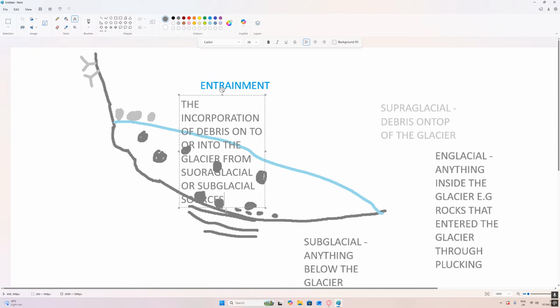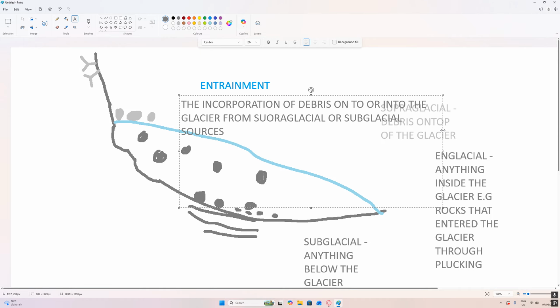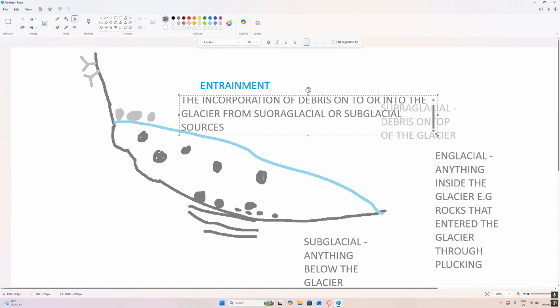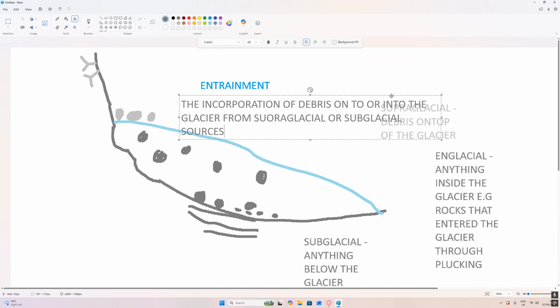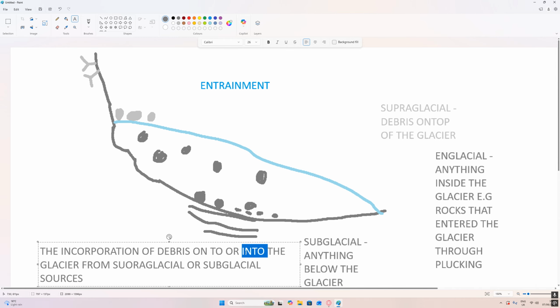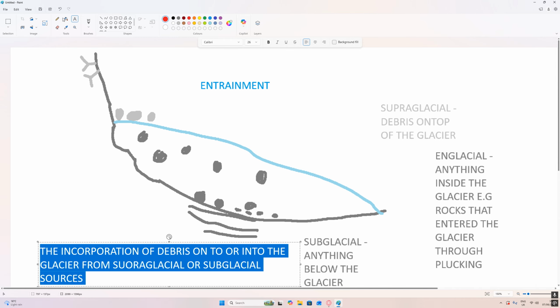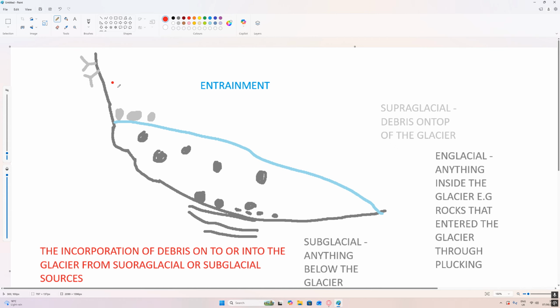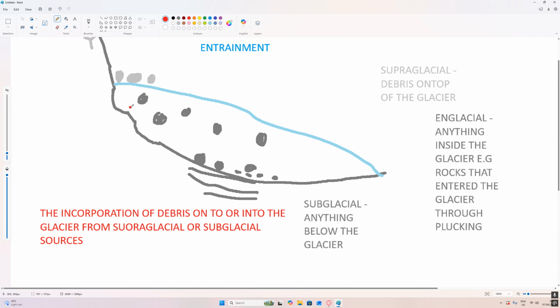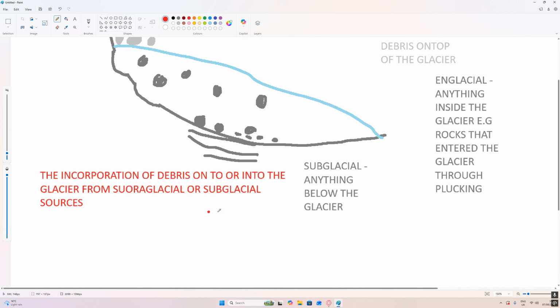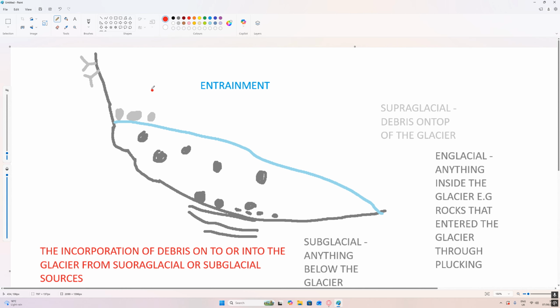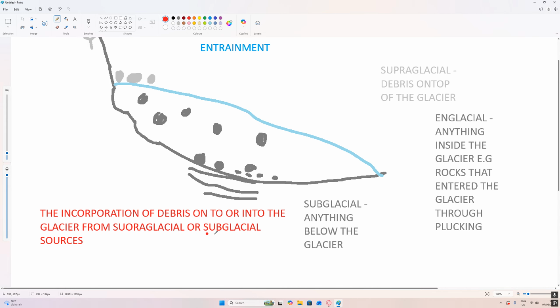So the reason that I say supraglacial or subglacial sources is because plucking technically isn't an input of stuff. It's an input of rocks into the glacier, because what plucking really does is it just kind of grabs the rock and detaches it, but it doesn't always take it in with it. Its entrainment is basically just supraglacial, so above the glacier or below the glacier, subglacial sources.